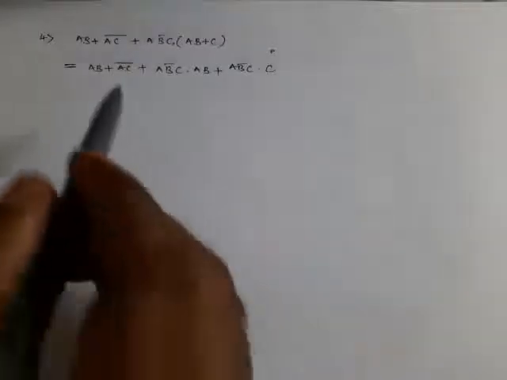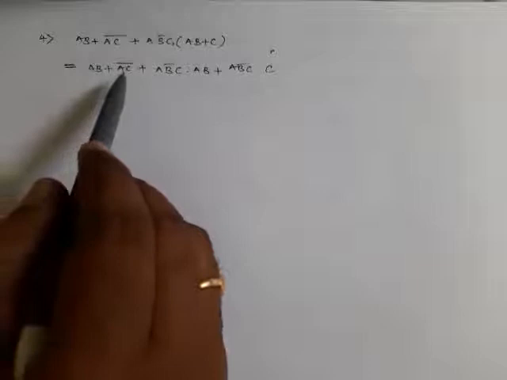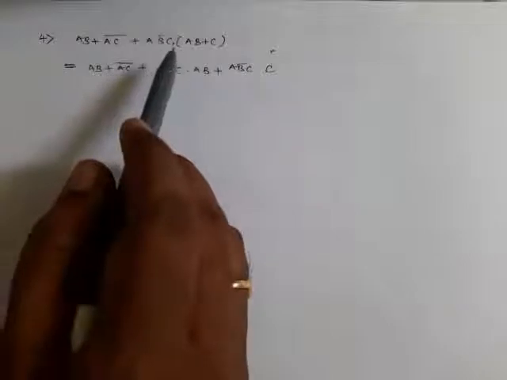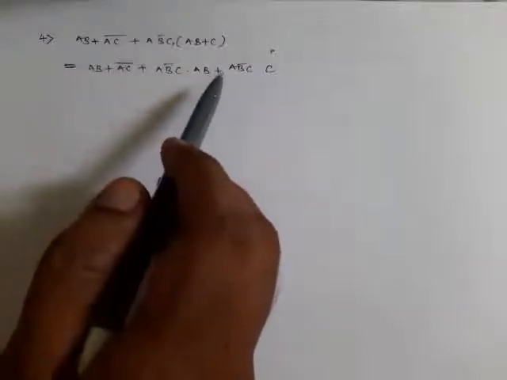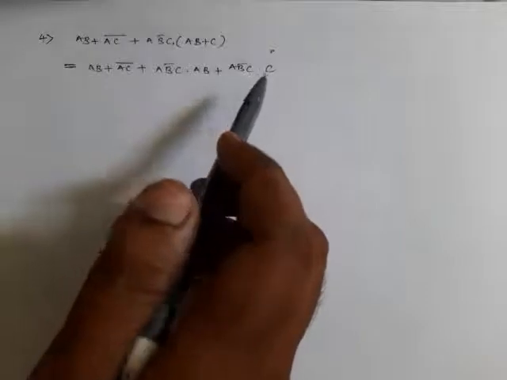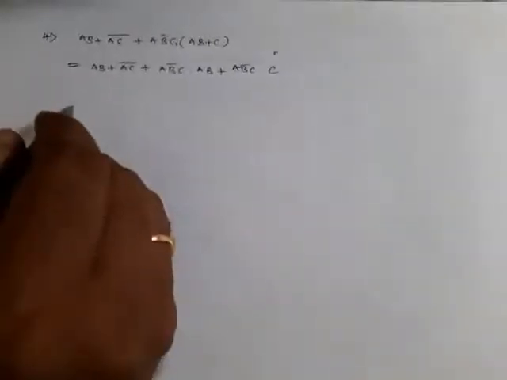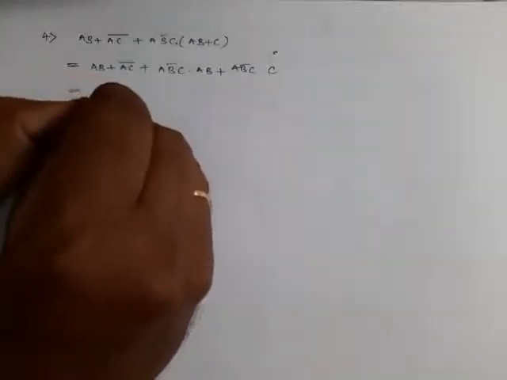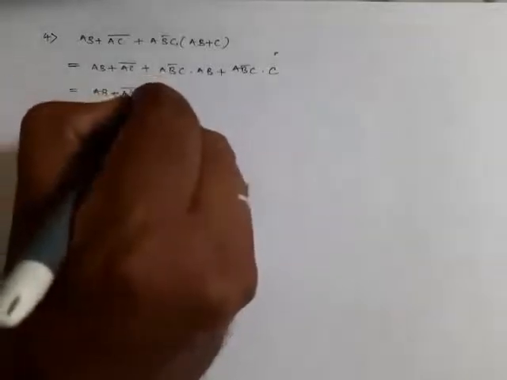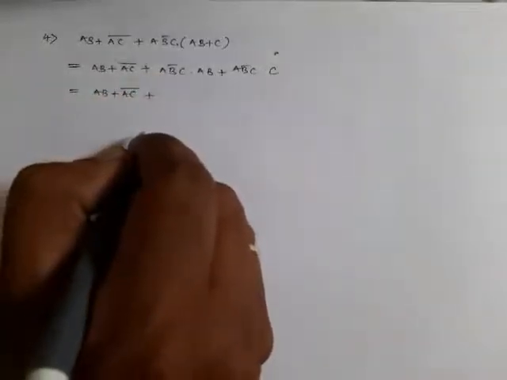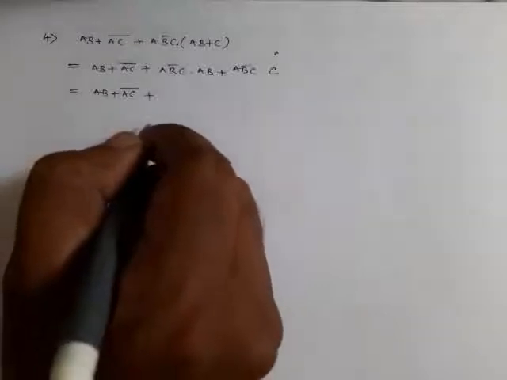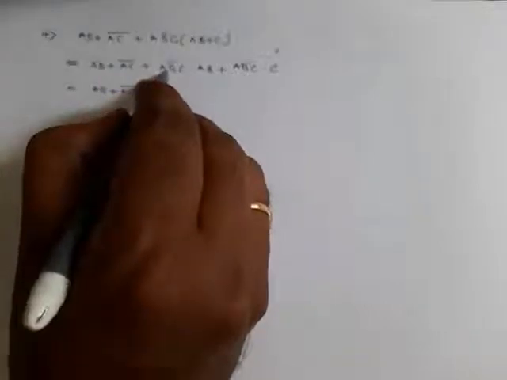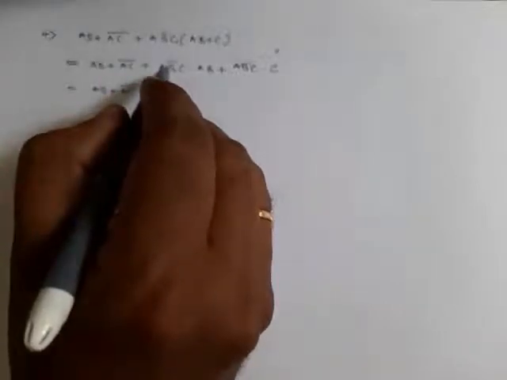So this can be written as AB plus AC bar plus AB bar C dot AB, distributed over OR, dot AB plus AB bar C dot C. And here you can see that it is AB plus AC bar plus, and here there is an AND operation between all of them.